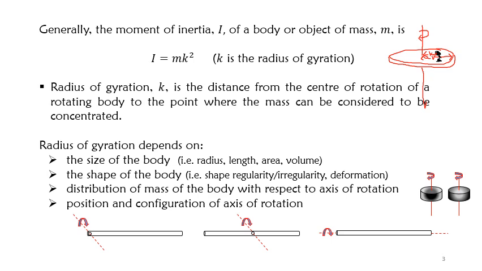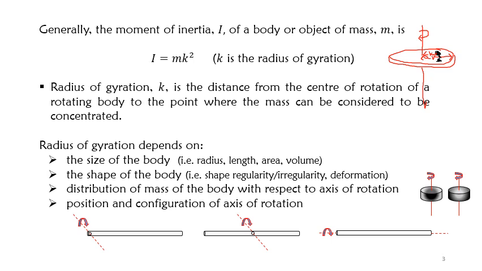But here the axis of rotation is at the edge, and the rod is flipping. At the center, the axis of rotation is at the center of the rod, and it's also flipping, like turning.